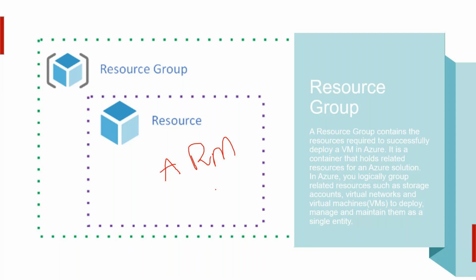With the help of resource groups, you manage all your resources. An Azure resource group contains the resources required to successfully deploy the VMs. It holds all your dependency resources and deployment resources as a single entity, so if you want, you can delete all at one shot.